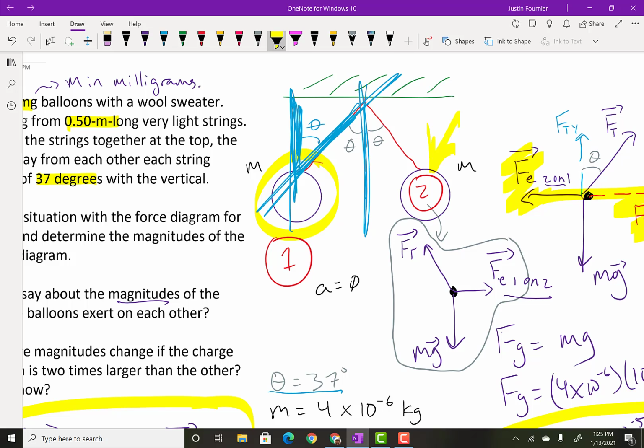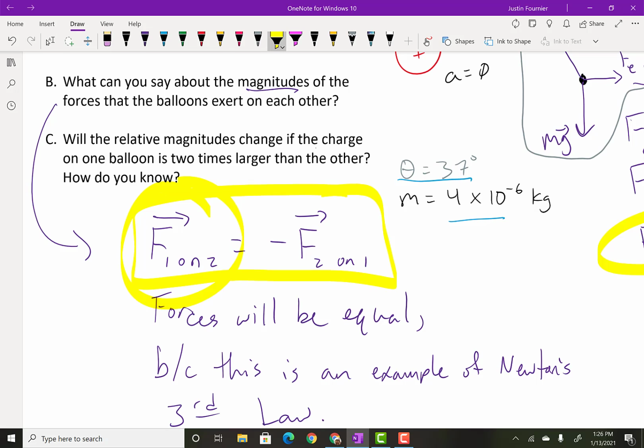We're talking about the forces that these 2 balloons exert on each other, that's this electric force. It doesn't matter how much charge I put on one or the other, the forces will always be equal, just opposite in direction.